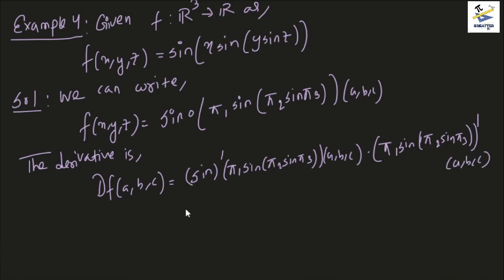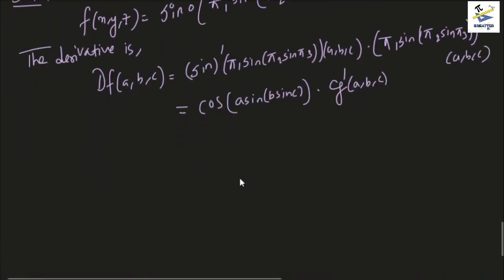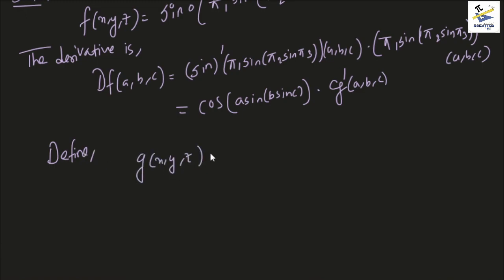So let us evaluate the first part. It's basically cosine of A sine of B sine C, multiplied by, let this function be written as g of ABC, g prime of ABC. So define g of xyz as x into sine of y sine z.